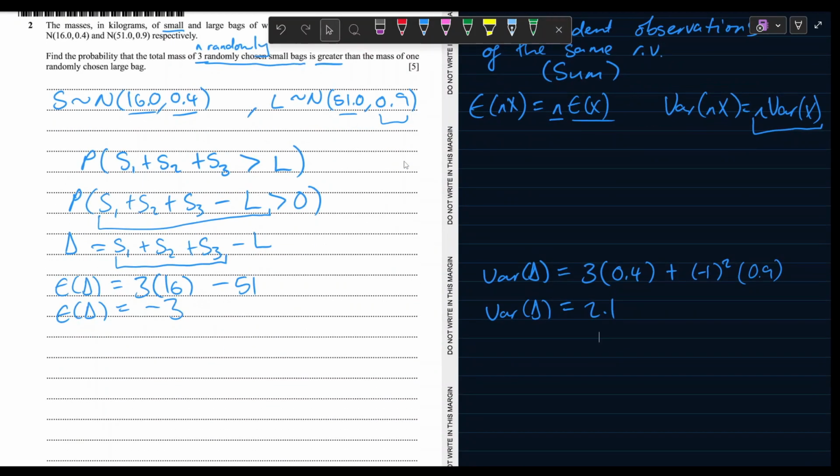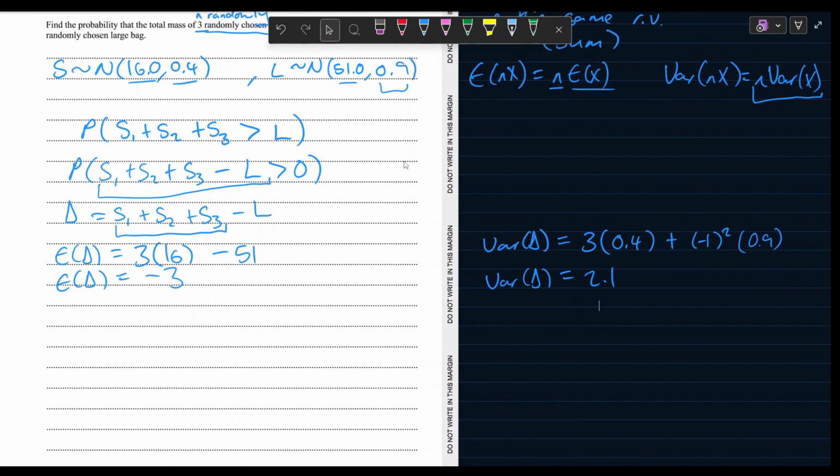Now, because D consists of S and L, which both follow independent normal distributions, we can say that D follows a normal distribution with its mean being -3 and its variance being 2.1. And we want the probability that, remember this whole expression is D, so the probability that D is greater than 0.